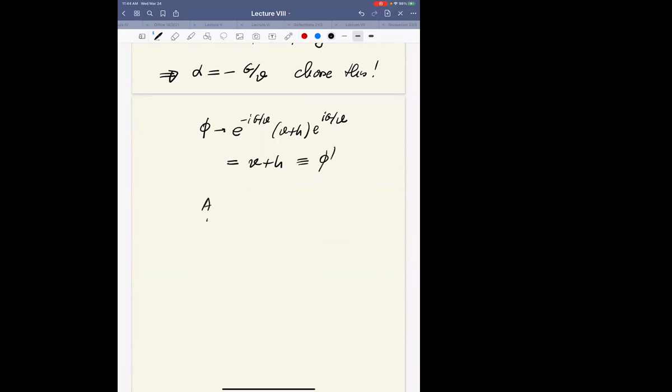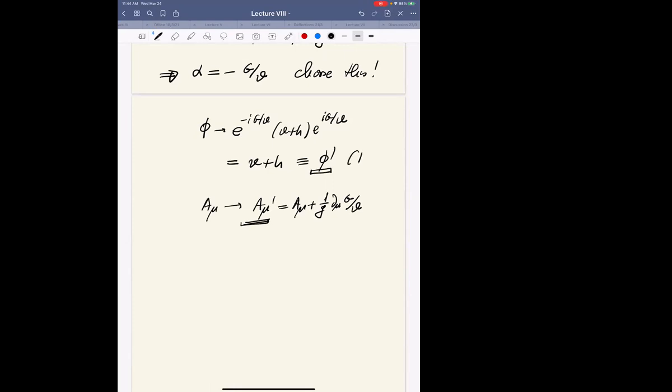And A mu goes into something that you could call A mu prime, which is A mu, don't forget that, plus 1 over V times d mu G. That's some A mu prime. So look, if I look at the A mu prime, I have the right to do this.